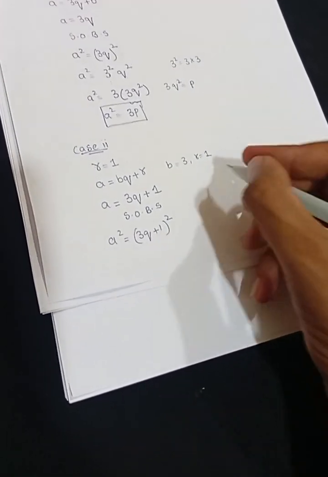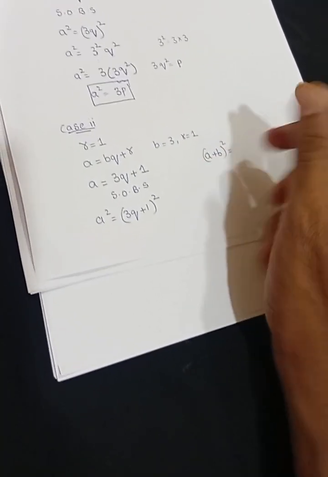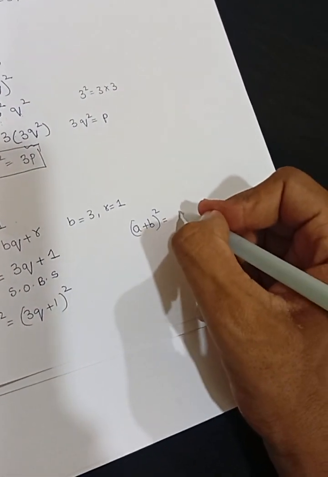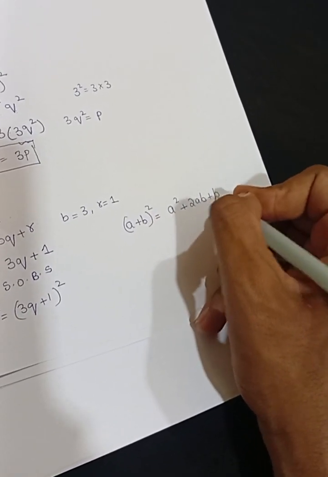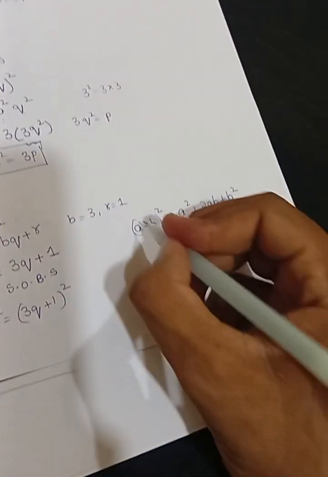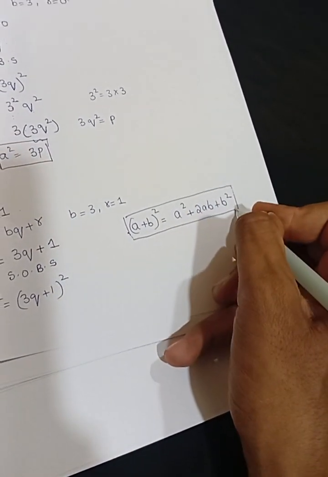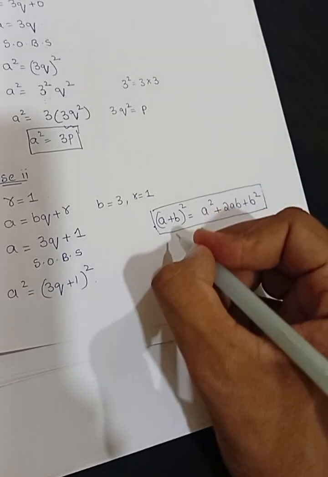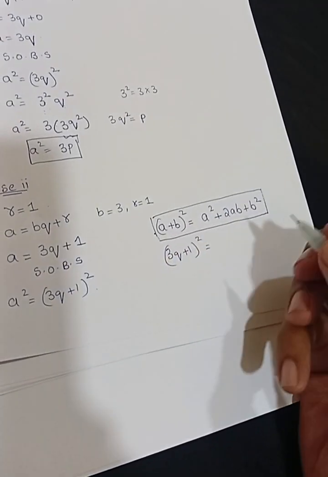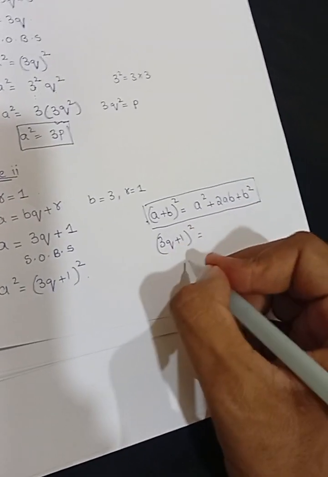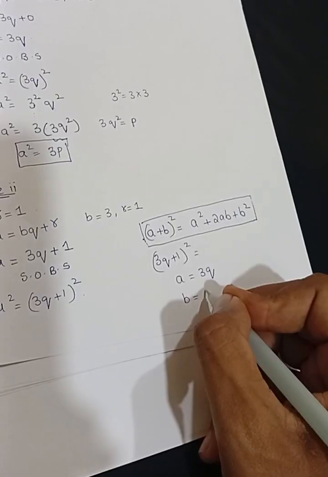Now this is in the form of a plus b whole square. So what is a plus b whole square? It is a square plus 2ab plus b square. You have to remember this formula. A plus b whole square is equal to a square plus 2ab plus b square. So now you have to compare this with 3q plus 1 whole square. If you are comparing this with this, you will get a is equal to 3q and your b is equal to 1.